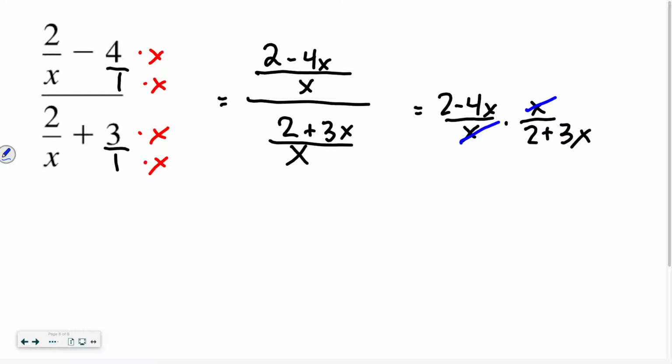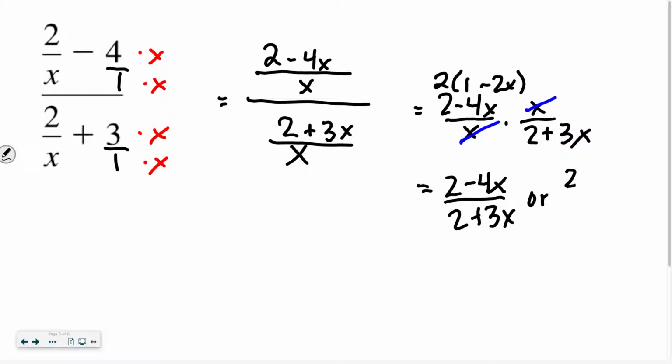Now, you might look at 2 minus 4x. 2 minus 4x does factor into 2 times 1 minus 2x. But 2 plus 3x doesn't factor, so I still can't cancel the 2. So, your answer, you could write it as 2 minus 4x over 2 plus 3x.